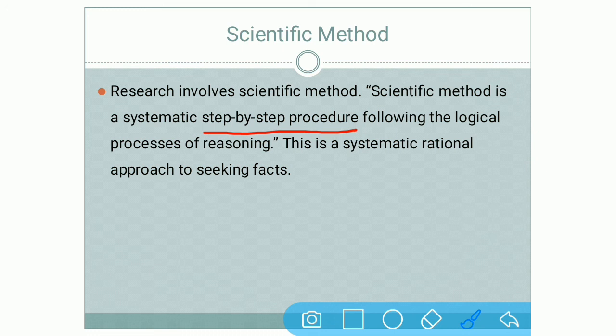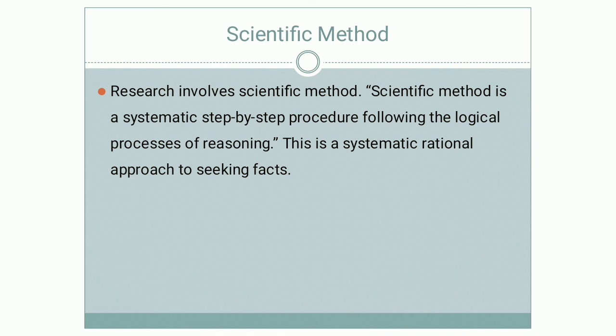How do you have to go step by step? Firstly, you have to identify a question on which you want to do research or collect data. This is your first step. Then you have to identify from which area you want to do this survey. Then who is going to do the survey?